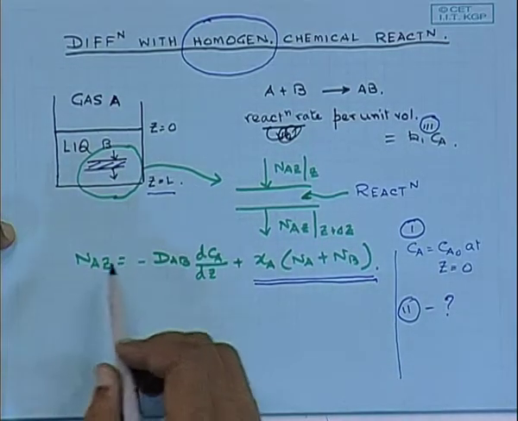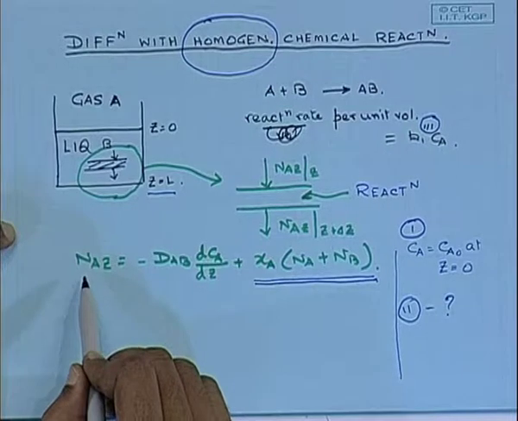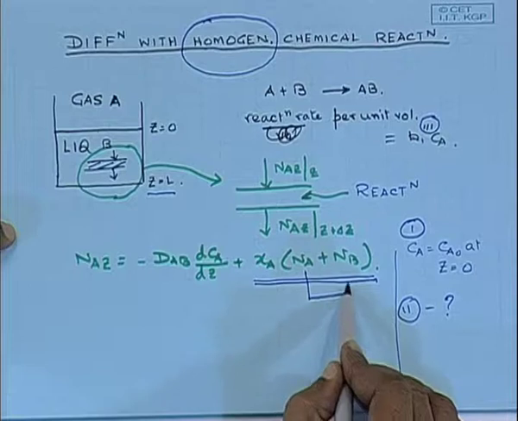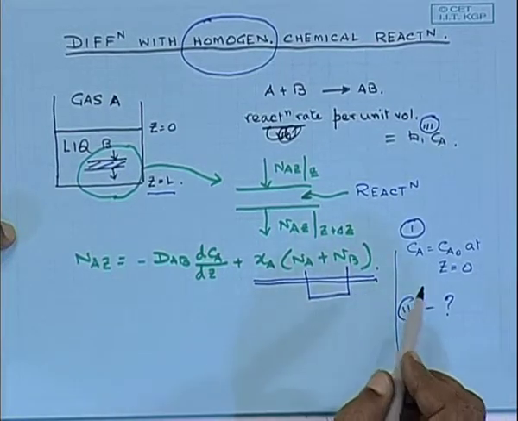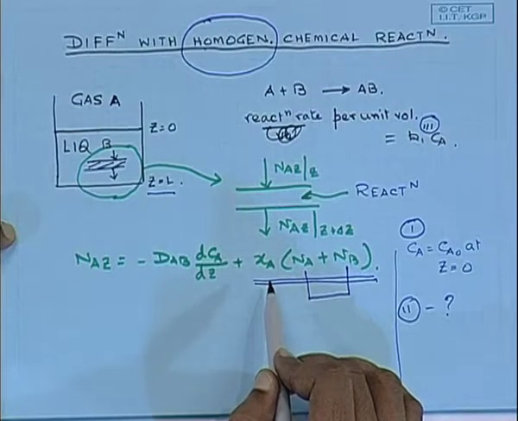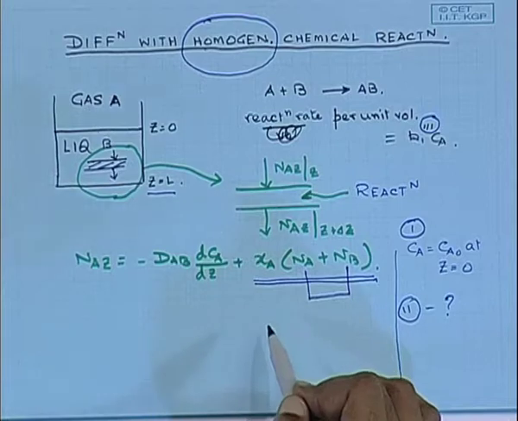One more thing is, as we have mentioned, that the first aim is to find a relation between NA and NB, or to decide whether or not to include the bulk term, the mass transfer term due to bulk flow.